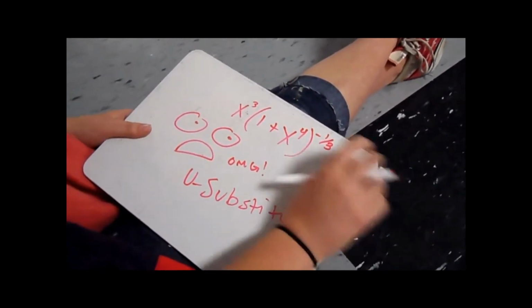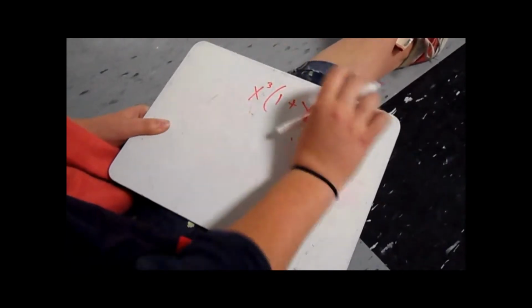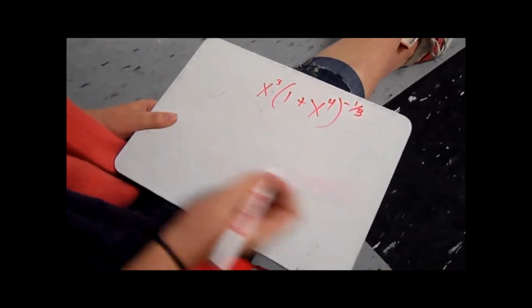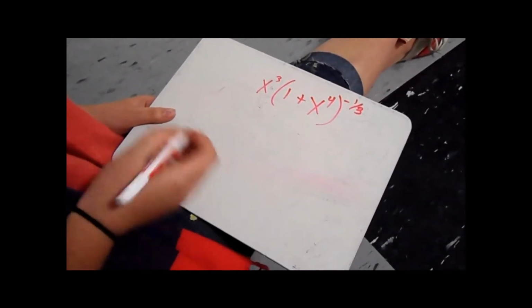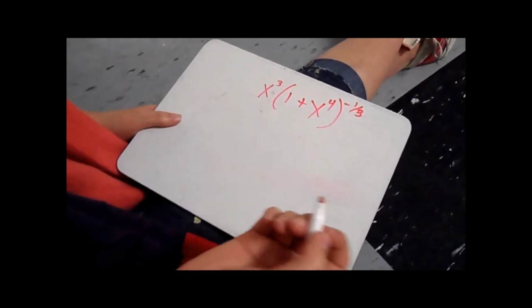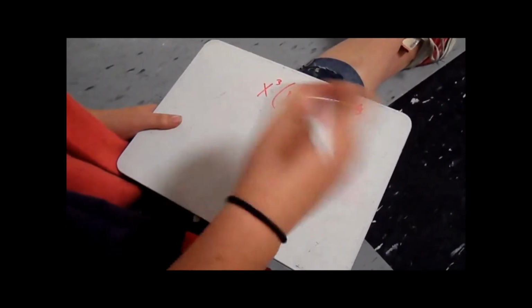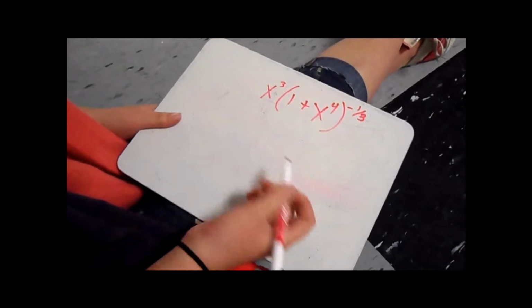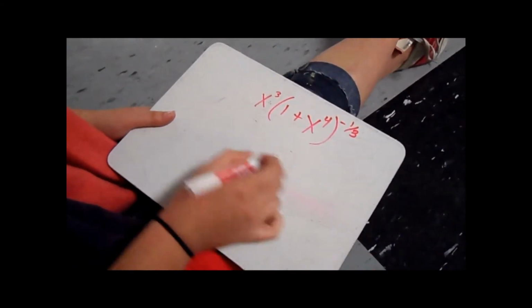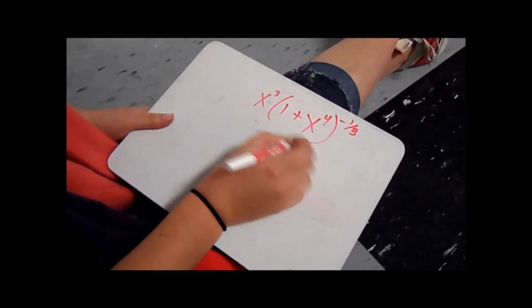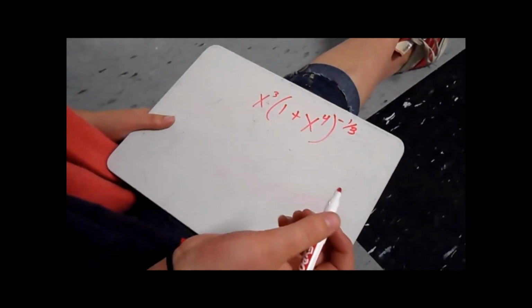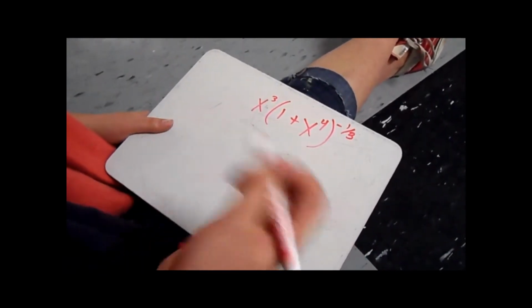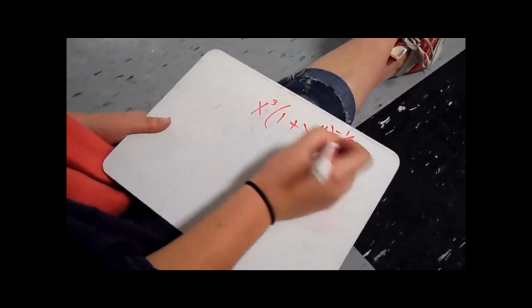So U substitution is basically just an easier way to take the antiderivative, because you substitute in U for a variable and it makes it a lot less confusing. So what you're doing is you want to look for the part that you want to substitute in for U. Usually it'll be something that's raised to a power.